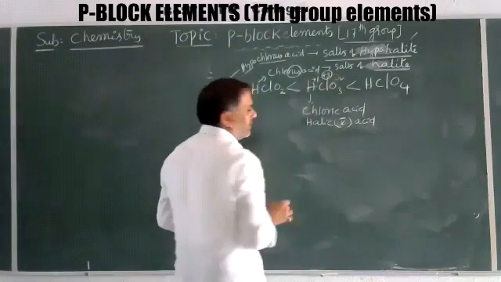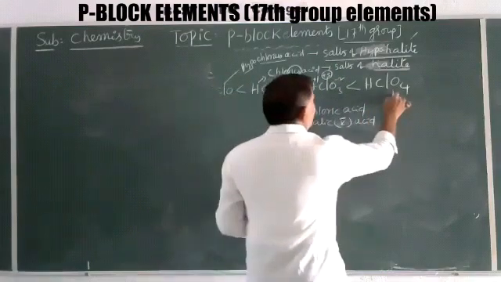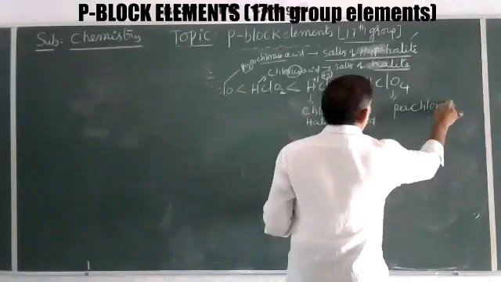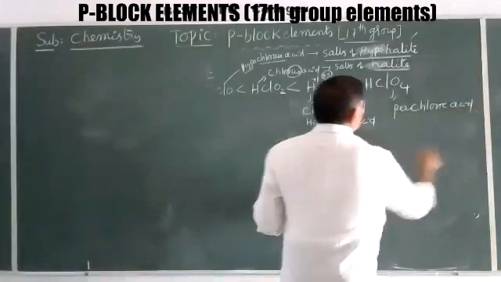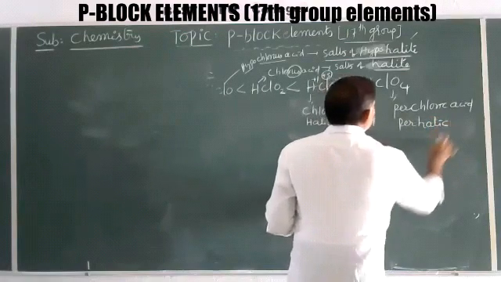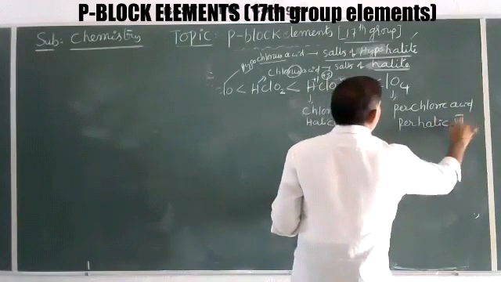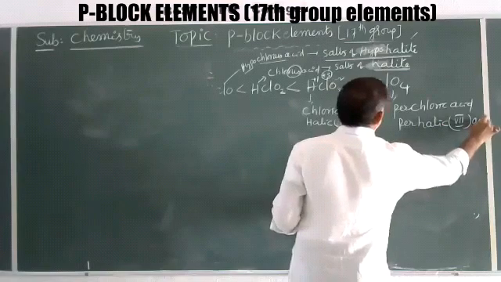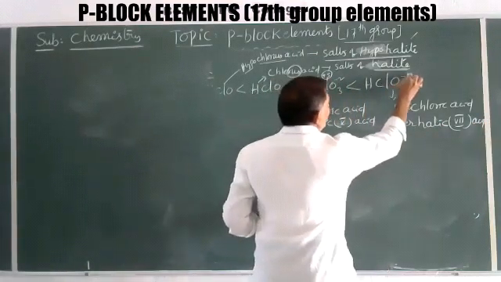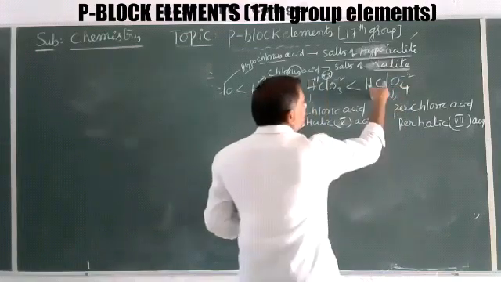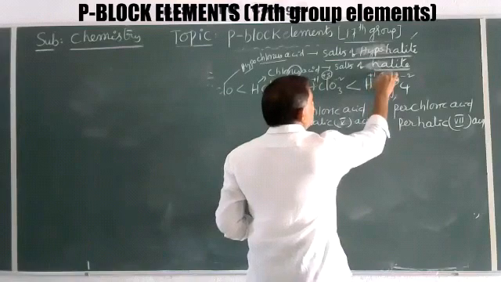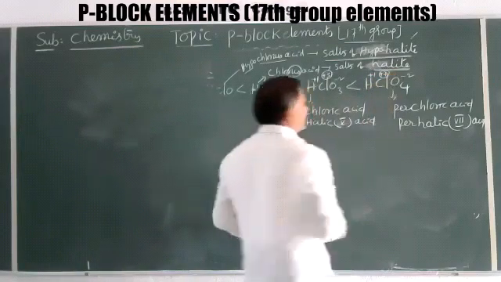That's why we can write it in Roman numerals. Next it is called perchloric acid, which is a perhalic acid. That is perhalic, 7 being the oxidation state of chlorine. Here oxygen is -2, hydrogen is +1, and chlorine is +7 oxidation state.